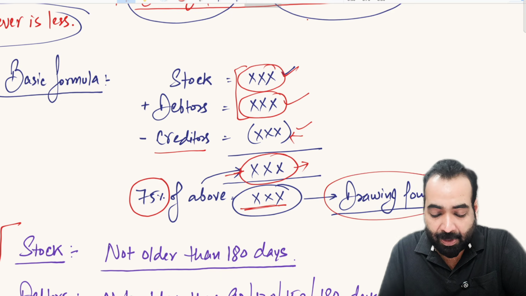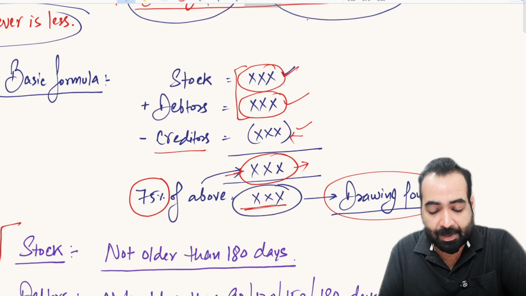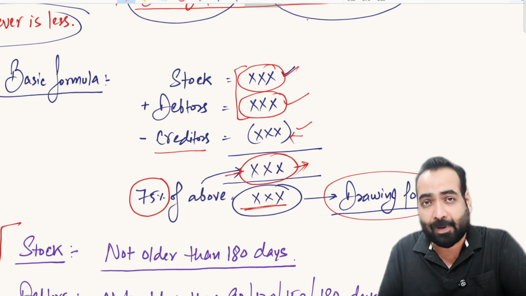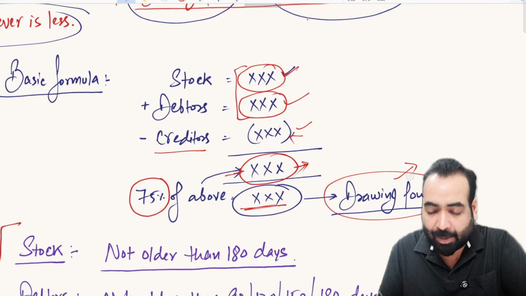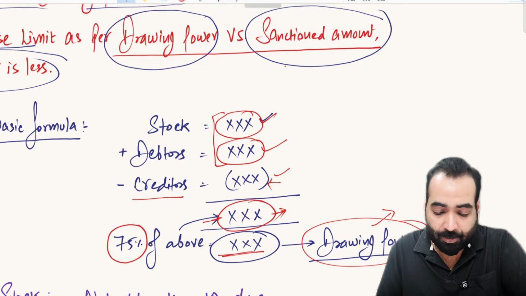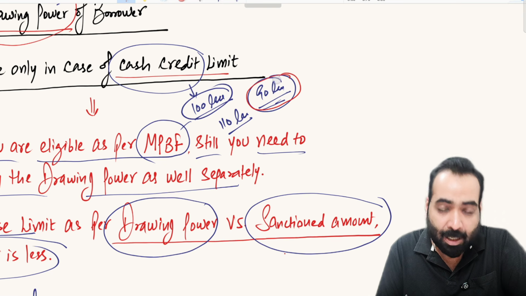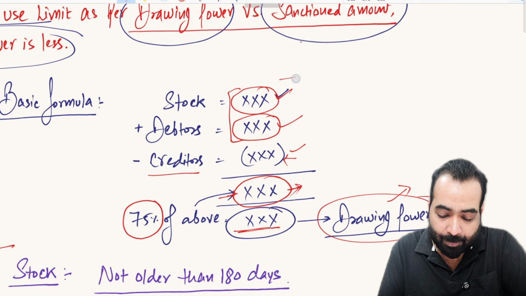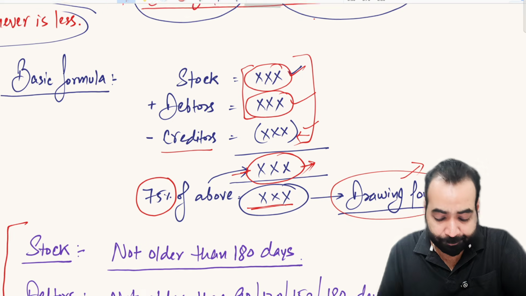So drawing power is simply stock plus debtors minus creditors. Whatever figure comes, you take 75% of it, then you will get your drawing power, right? So that 90 lakh rupees that I wrote is your drawing power, calculated by doing this calculation.